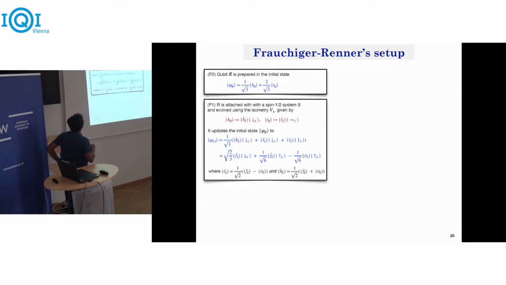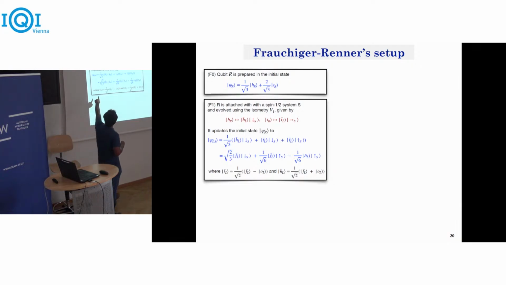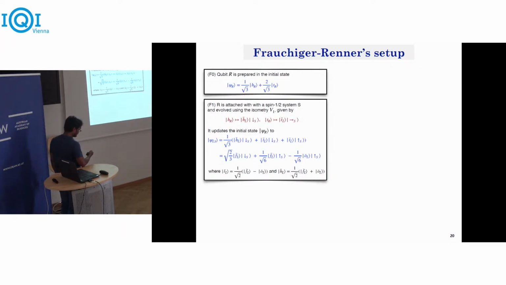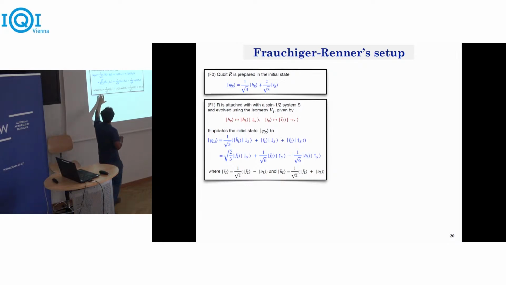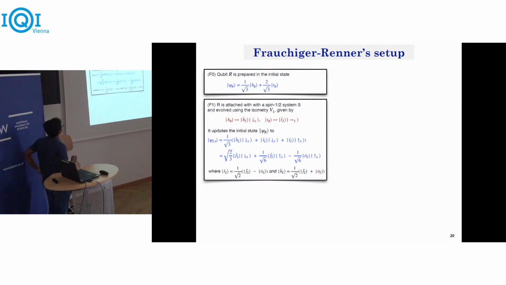And once you apply this particular isometry on this particular state, you have this state, which can be expressed in an equivalent way, where the bottom line is written using this additional, let's say, form where TL bar is the superposition of FL bar and L bar. Okay, so this is what you have done.